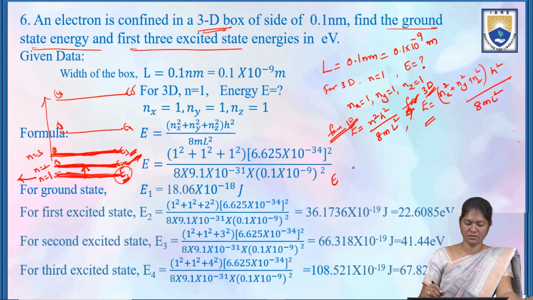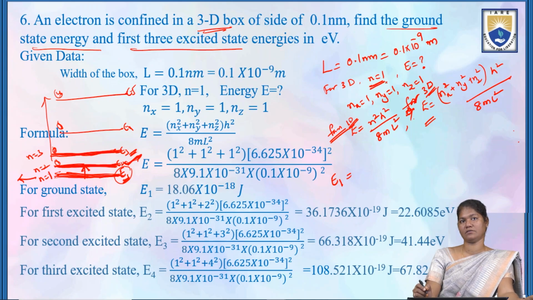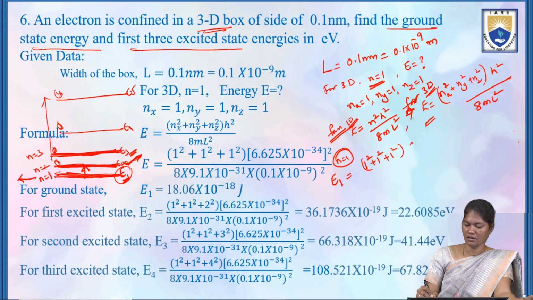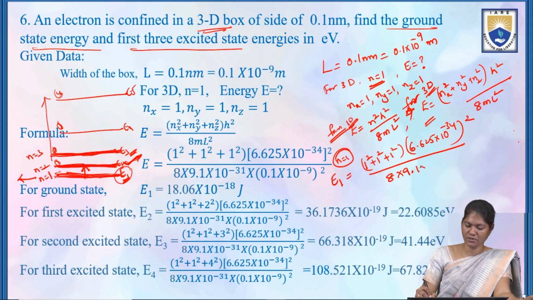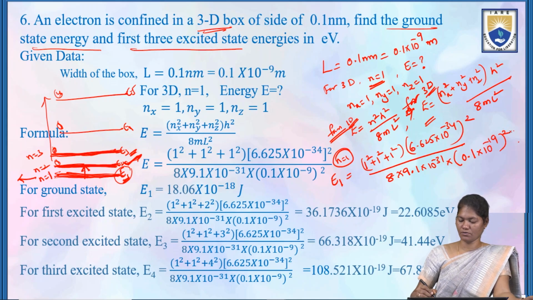So E1, that is n is equal to 1, we'll get the ground state energy E1. E1 is equal to 1 squared times 6.625 into 10 power minus 34, whole squared, divided by 8, m is 9.1 into 10 power minus 31, into L, which is 0.1 nanometer, so 0.1 into 10 power minus 9 meters, whole squared.